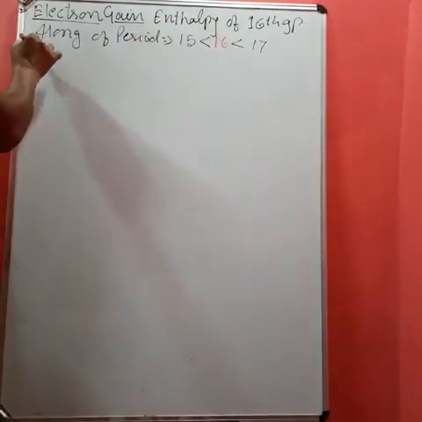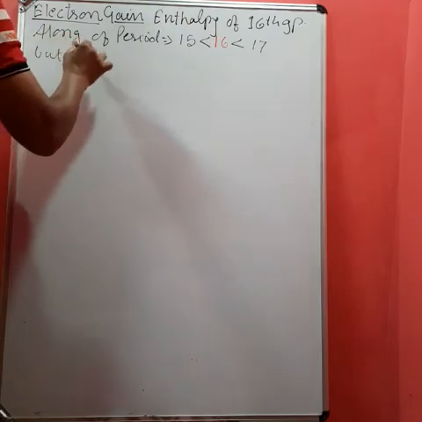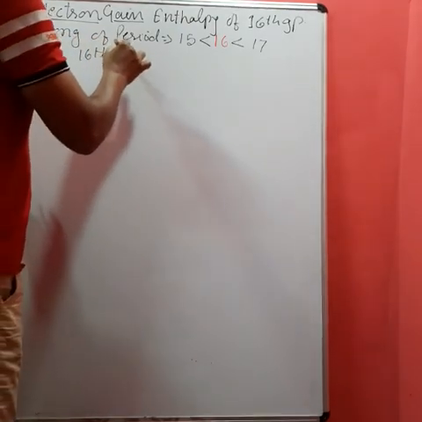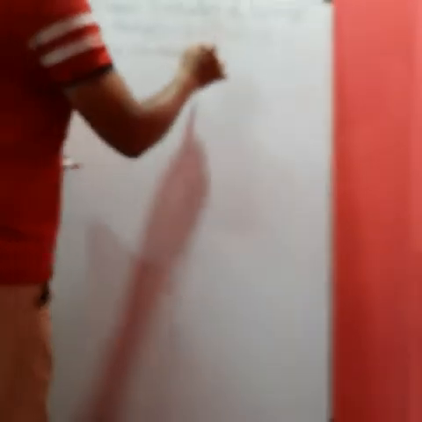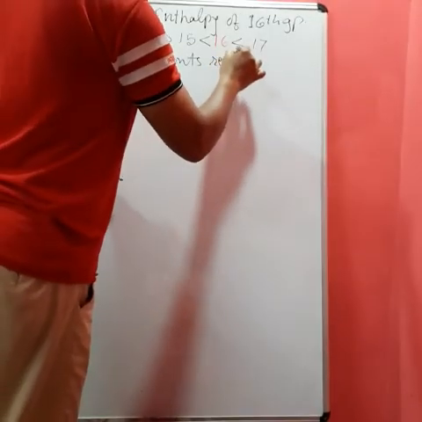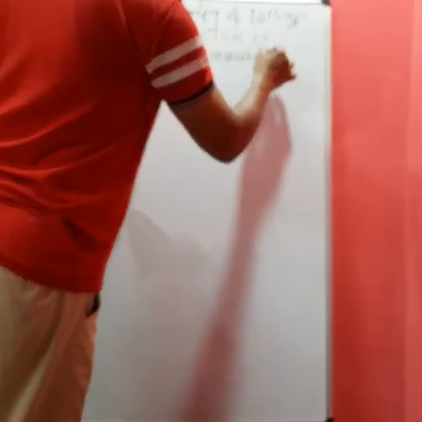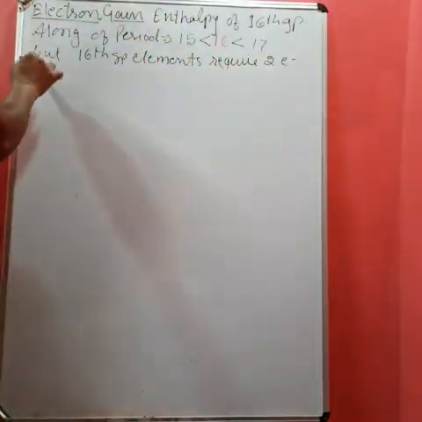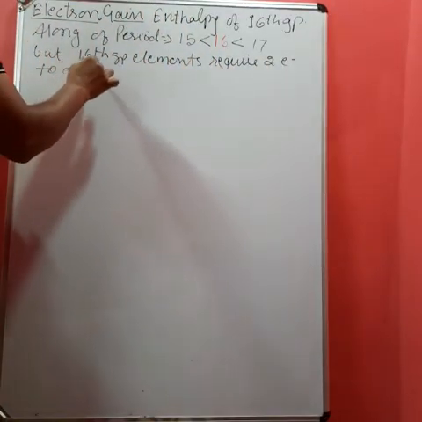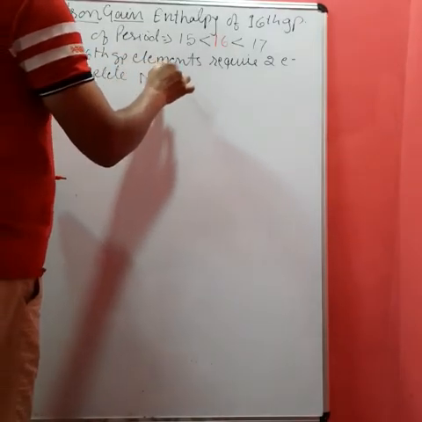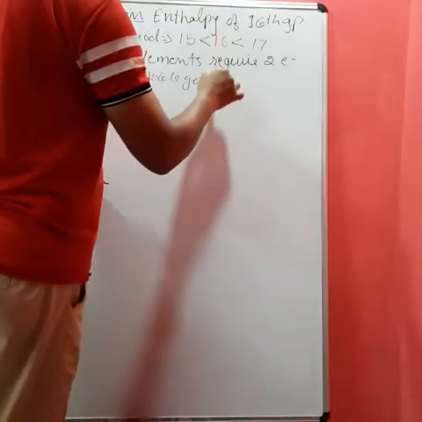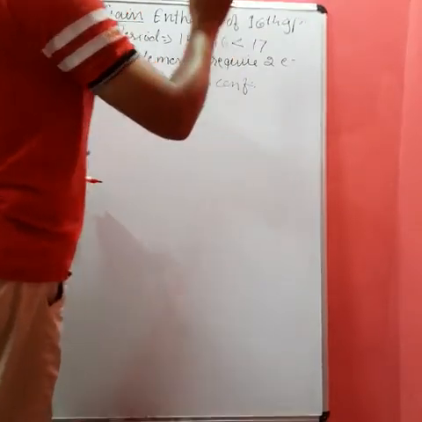But what? 16th group elements require 2 electron to complete noble gas configuration. Only this is the difference.